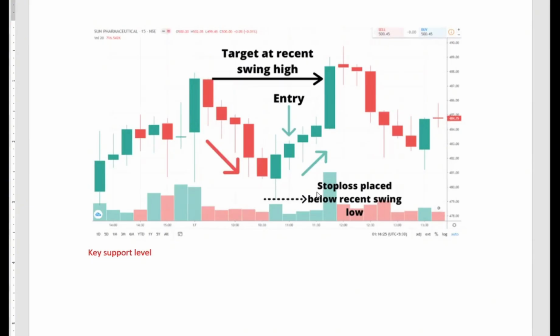These patterns signify a shift in market sentiment from bearish to bullish, indicating a potential uptrend. The psychology behind this pattern lies in the fact that it shows a sudden shift in market sentiment. The buyers have taken control of the market, overpowering the sellers. And this can also lead to FOMO amongst buyers, causing further bullish momentum.